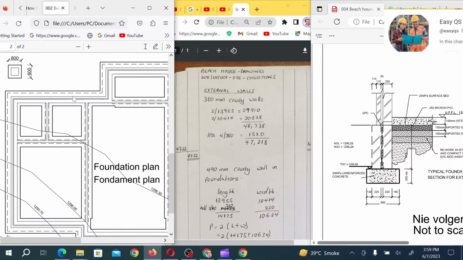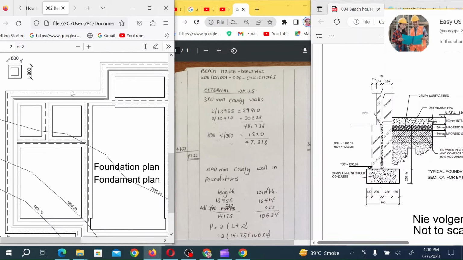This one is 110. This cavity is 50, and this internal wall is 220. Then we have this broken line going all around. This one is the outline for the wall below the ground, the foundation wall below the ground, the broken line. Then the solid line shows the outline of the concrete. So you can see the outline of the concrete is here.